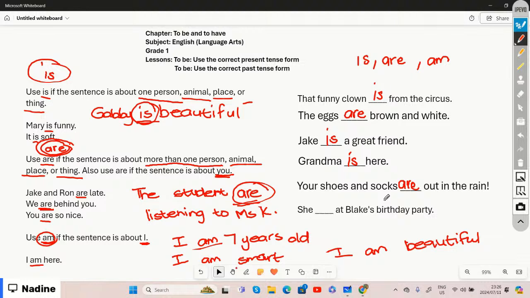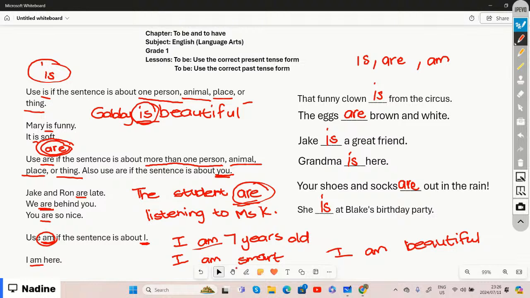All right. And if we were to choose our correct answer, which refers to she, one person, then we say she is at Blake's birthday party because we're referring to one person, right?